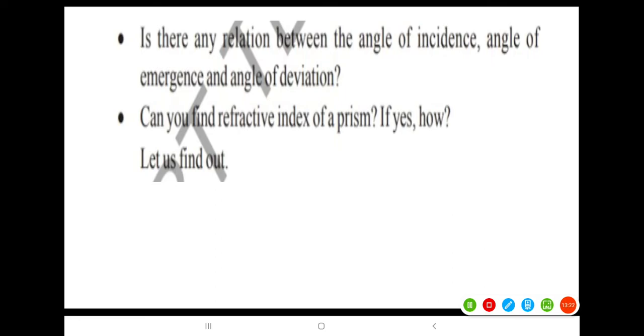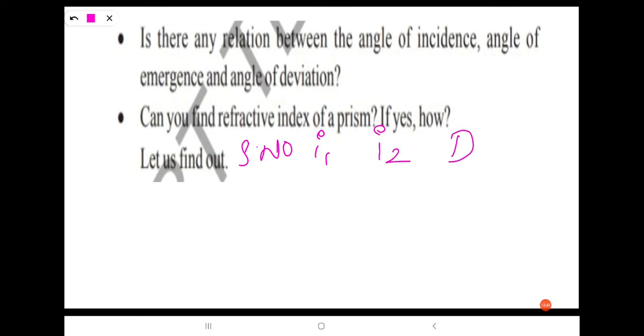When we complete table 1, we get values like this. First take the serial number, then the angle of incidence I1, the angle of emergence I2, and the angle of deviation D. When the angle of incidence is 35 degrees, the angle of emergence is 74 degrees and the angle of deviation is 45 degrees.